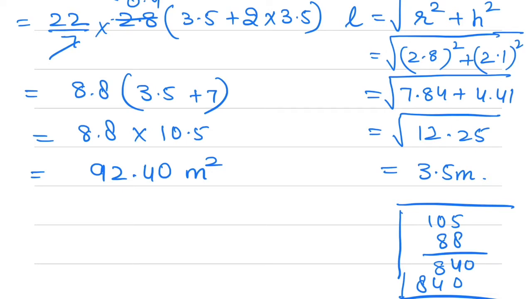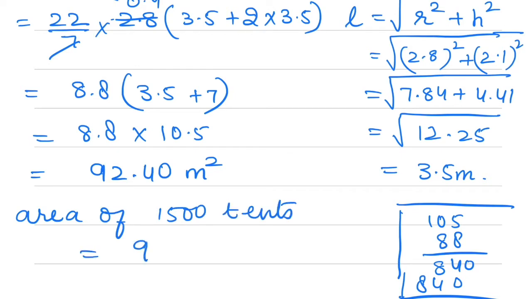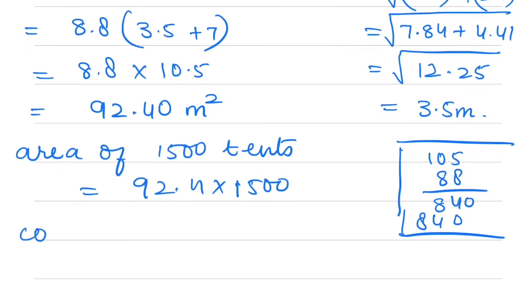Now we'll find out the area of 1500 tents, which would be equal to 92.4 into 1500. Therefore cost is equal to area into rate. Rate is 120 per square meter.